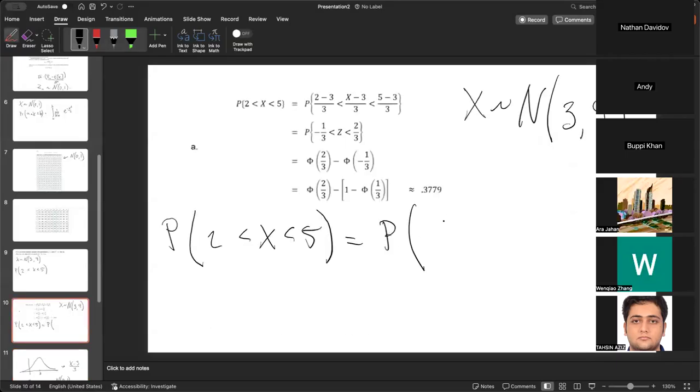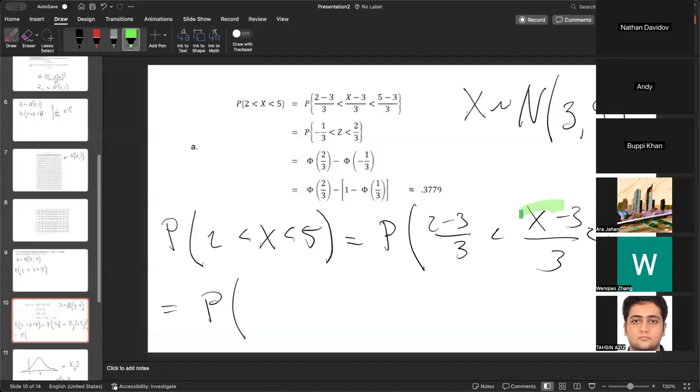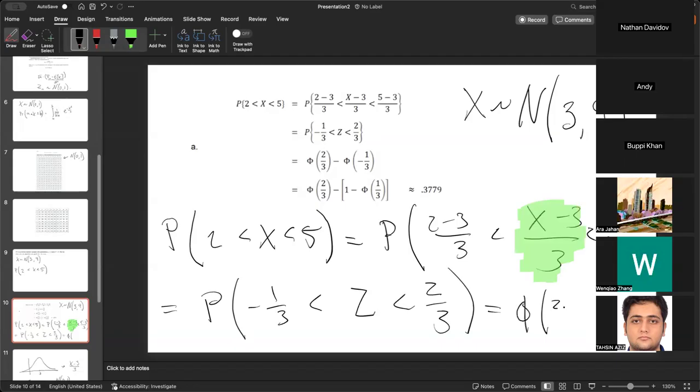So this is equal to the probability that X minus 3 over 3 is between 2 minus 3 over 3 and 5 minus 3 over 3. And that's equal to the probability of, let me call this Z now, and this is going to be equal to phi of 2/3 minus phi of minus 1/3, right?